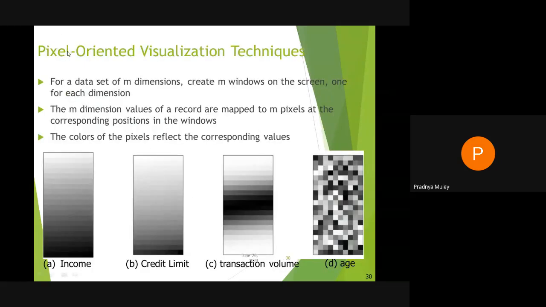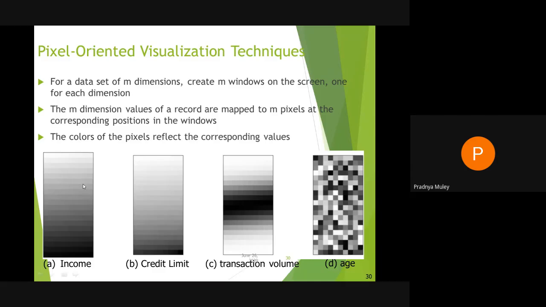First of all, pixel-oriented visualization techniques. It is a simple way to visualize the value of a dimension. It uses a pixel where the color of the pixel reflects the dimension value.